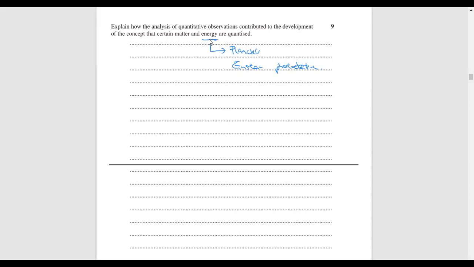And then you want to relate the development of the concept that matter is quantized as well. Well, if you have the idea that energy is quantized and you've got mass-energy equivalence, then you've got E equals mc squared. And if energy is quantized, then it would also suggest that matter in a way is quantized as well.